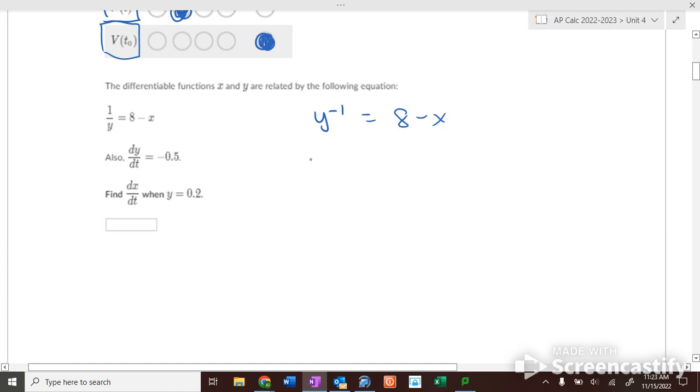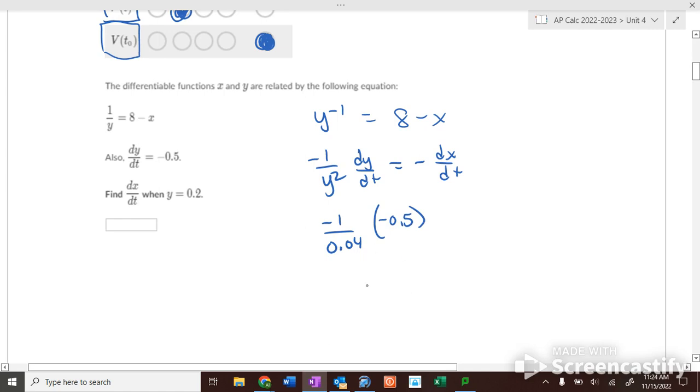So this would be negative 1 over y squared dy/dt equals, the 8 just disappears, so it's negative 1 dx/dt. Okay, so y is 0.2, so negative 1 over 0.04, because 0.2 squared is 0.04. dy/dt is negative 0.5.